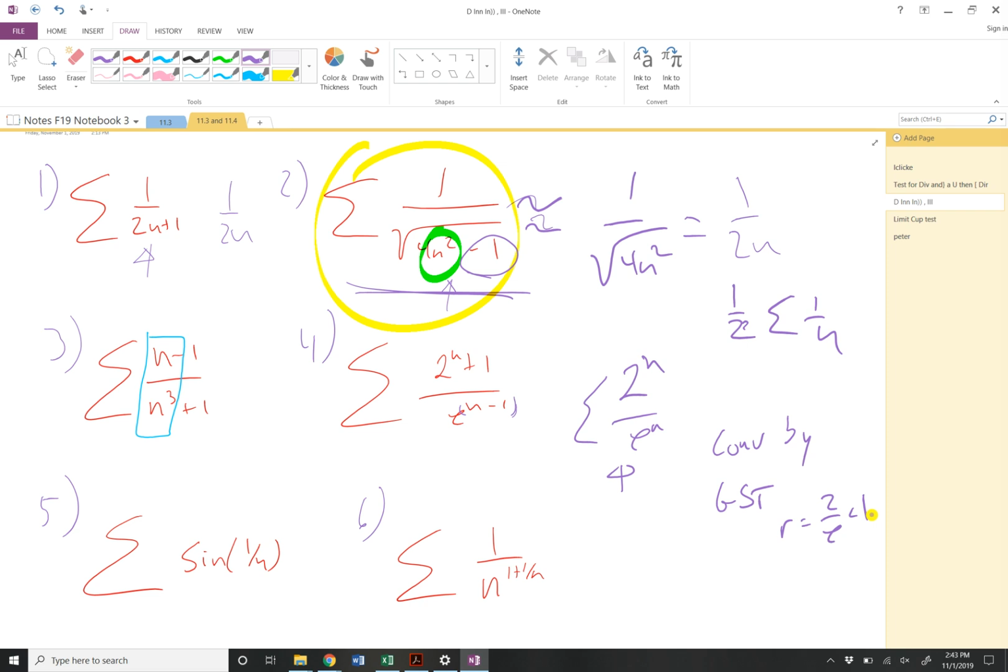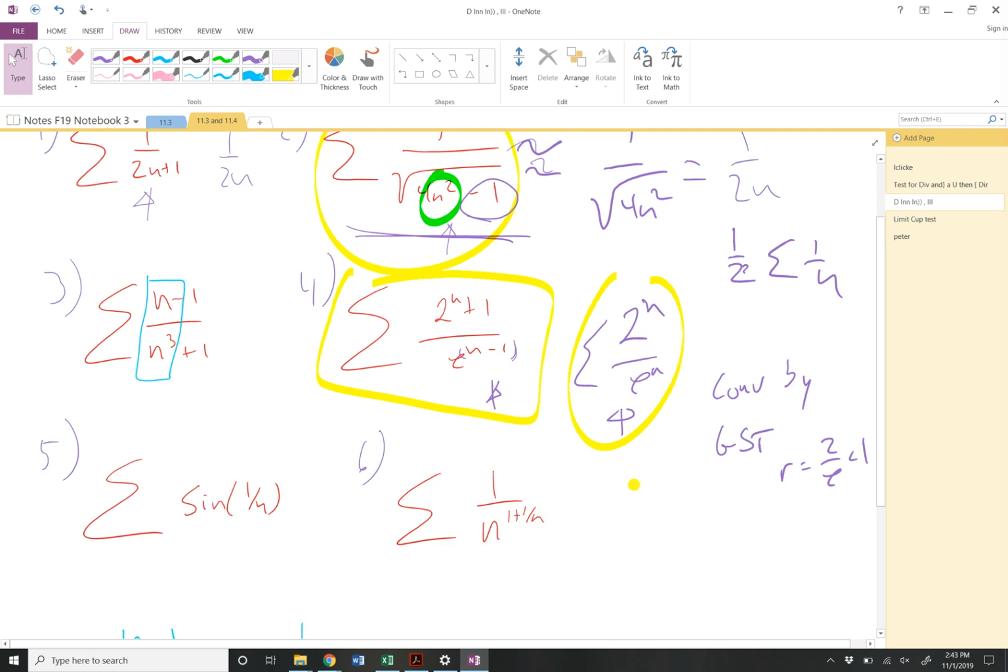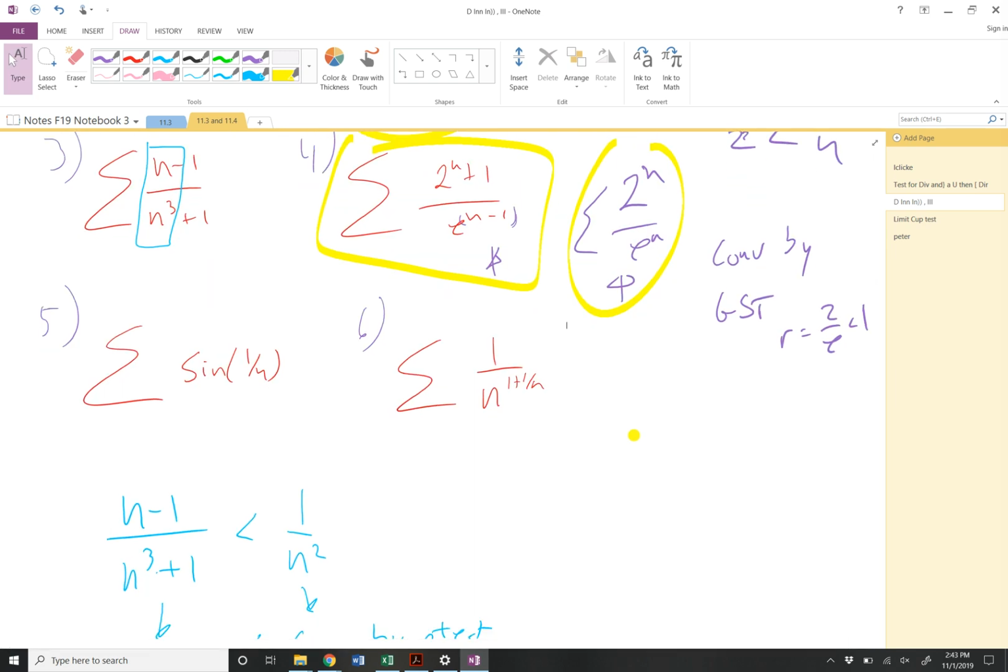Now how are we going to use that to handle number 4? How are we going to use this fact right here? Can we do limit comparison? If you're not sure which series is larger or smaller, you can always just do a limit comparison test.